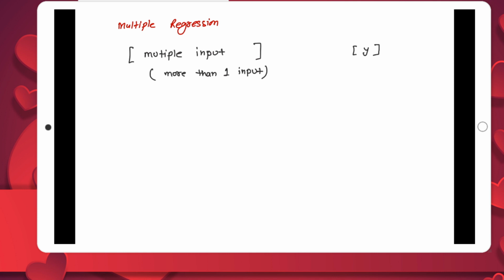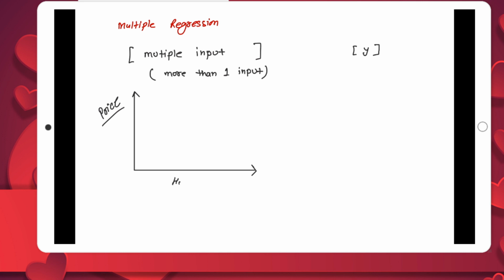So what happens here in case of this multiple input? Let me draw a graph first. All right. So there we have the price of house.